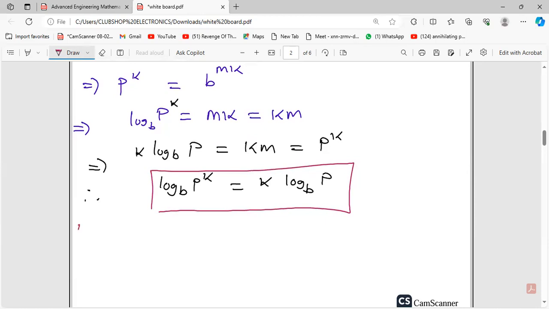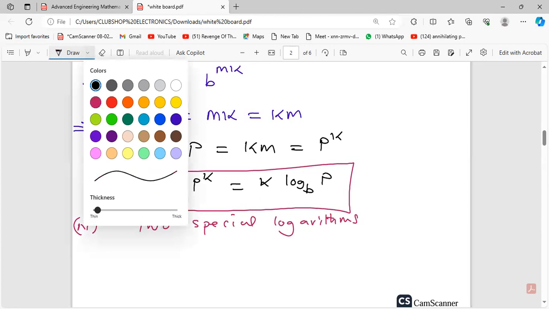The fourth property, we have maybe two special logarithms, which are also important.